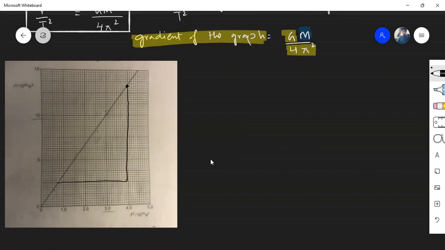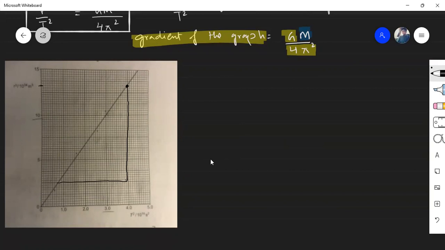This is 1, 2, 3 boxes up. How much is this? 10, 12.5.